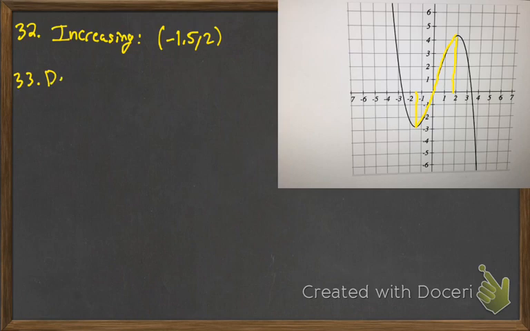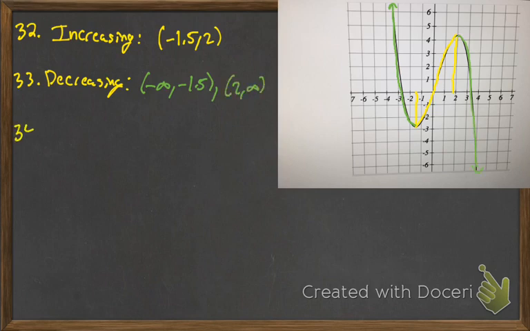Okay. So then this function is going to continue indefinitely, so it's going to be decreasing everywhere else. So it's going to be decreasing from minus infinity all the way up to negative 1.5, and then also from 2 to infinity. Okay, and so you do see that we went from decreasing to increasing.